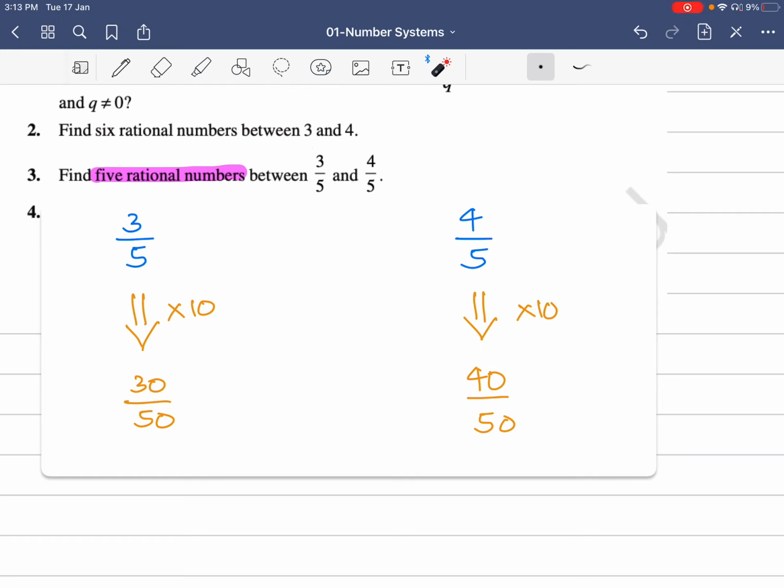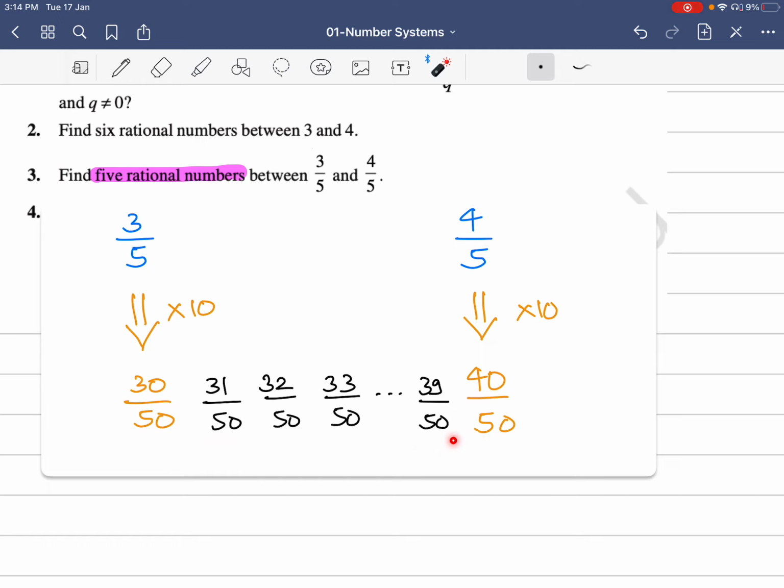Between 3 by 5 and 4 by 5, you might think that there are no rational numbers, but when we convert them into this equivalent rational form, you can see that there are a lot of other rational numbers in between. So for example, 31 by 50, 32 by 50, then 33 by 50, and so on, finally it comes to 39 divided by 50, and finally we have 40 by 50.